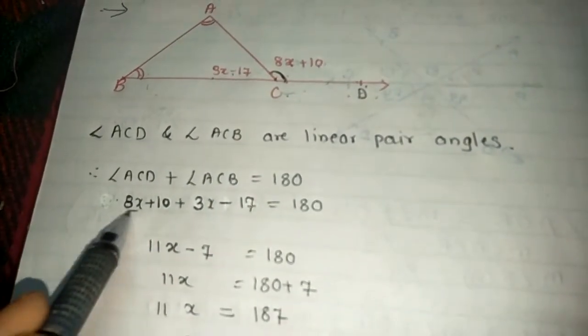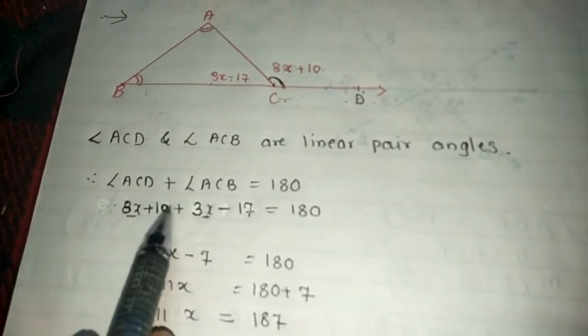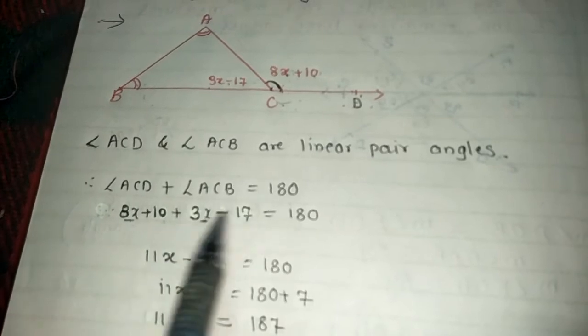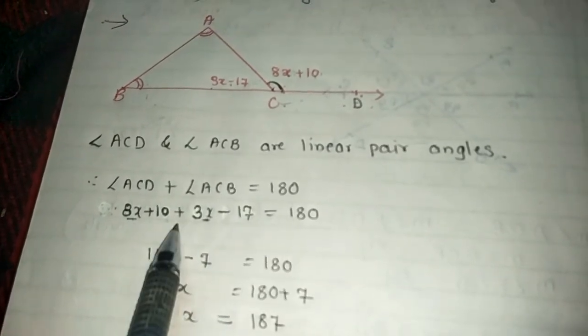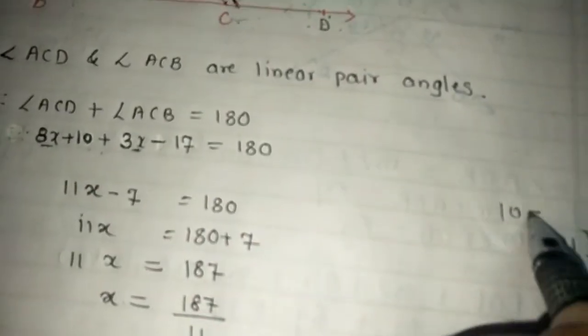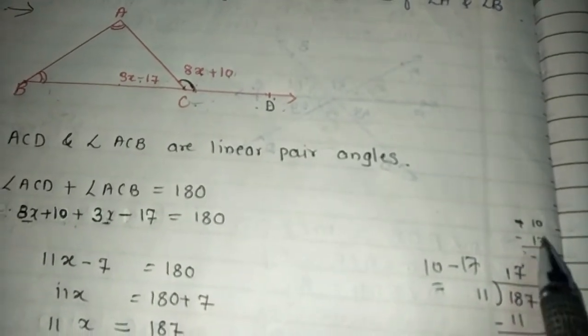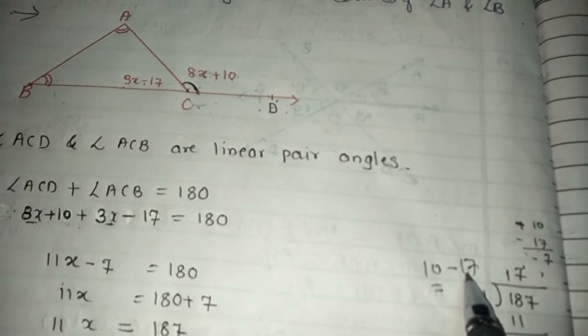Now see here, 8x plus 3x equals 11x, and 10 minus 17: plus and minus, and we give the sign of the greater number. 10 minus 17 equals 7, and the greater number is 17, which has the minus sign.